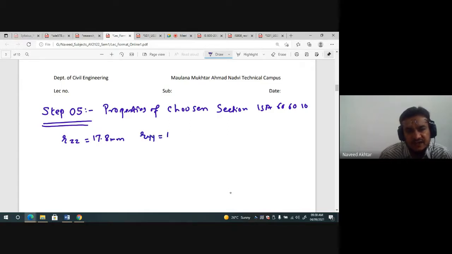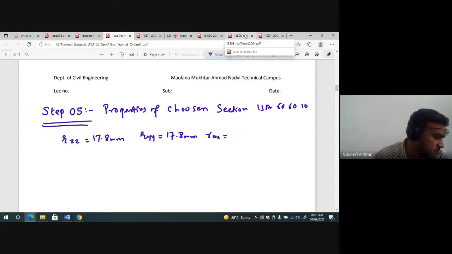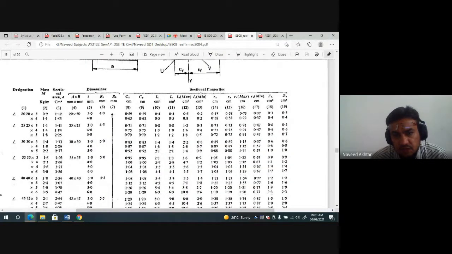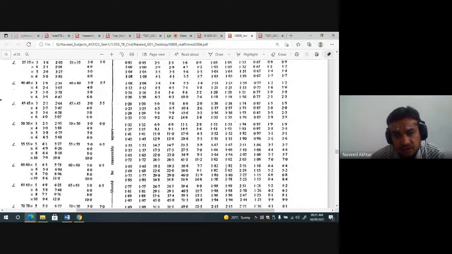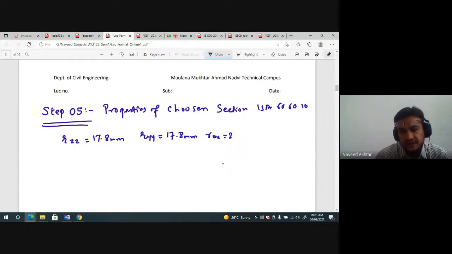RYY for a single angle is 17.8 mm. Okay. RUU of the section, RUU, RVV: 22.3 and 11.5. RUU is 22.3, RVV is 11.5. It seems to be minimum.